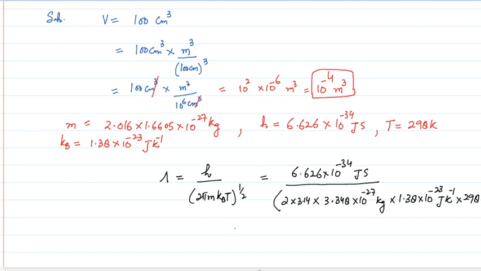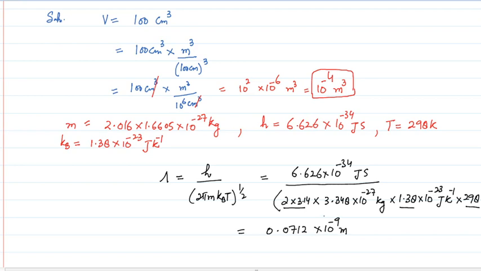So this will be equal to, first we will solve these parts only, and then we will multiply the power terms and take the square root of the whole term. It comes out to be 0.0712 into 10 raised power minus 9 meters.